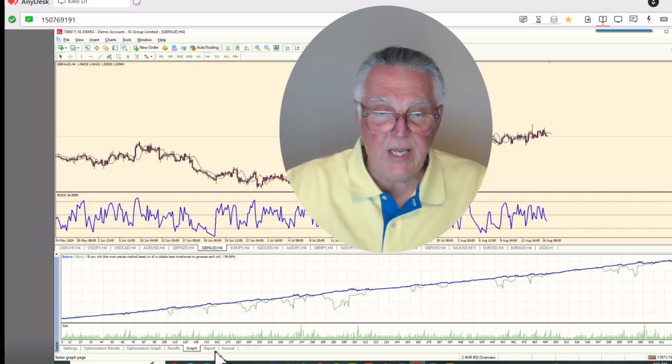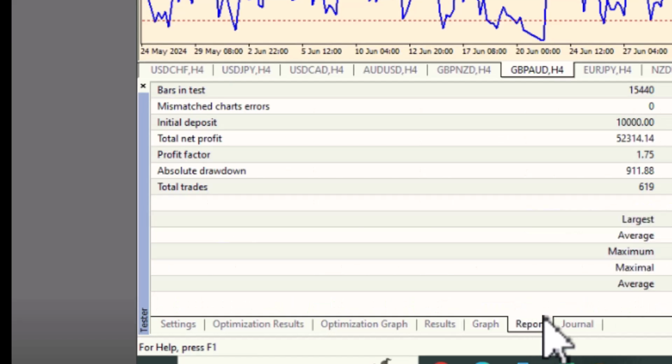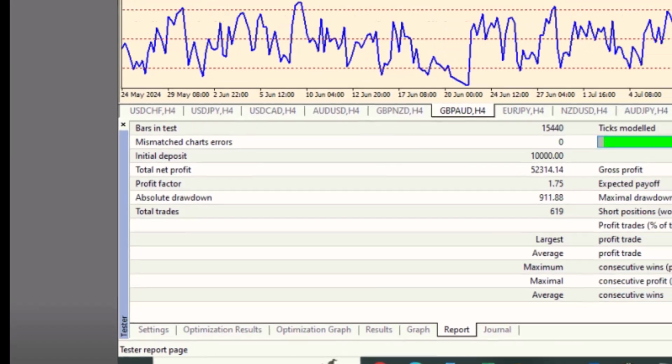Okay, it stopped there. Let's have a look. And the results are 52,000. 2,000 less than the 1st of January, but at least nicely positive. And that shows you that the delay of 1 week cost this trader $2,000.